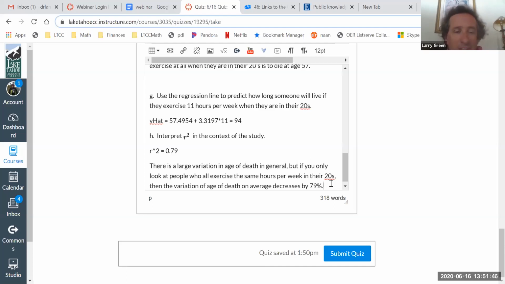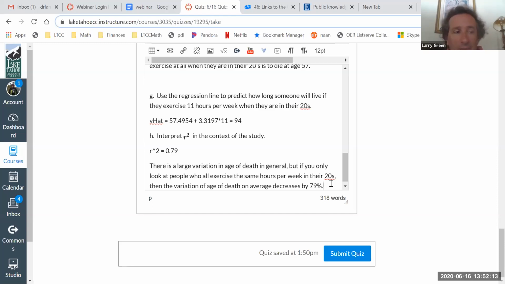I have done research, and exercising regularly makes a huge difference in health. It doesn't mean that those who exercise have no chance of dying young, but on average, they tend to live longer. There's definitely a positive correlation between exercise and age of death.